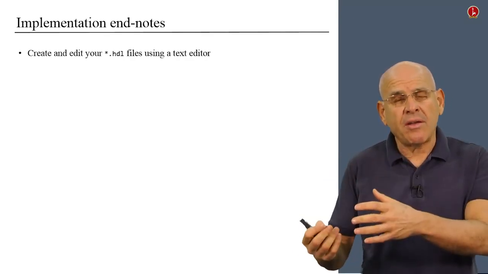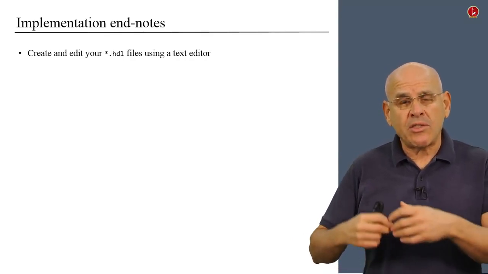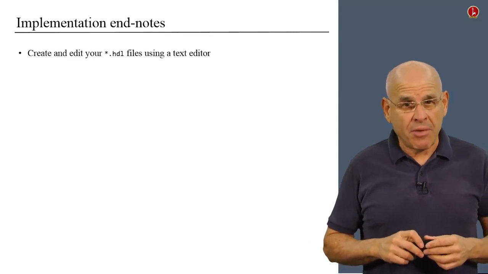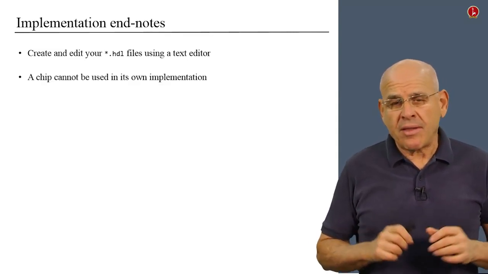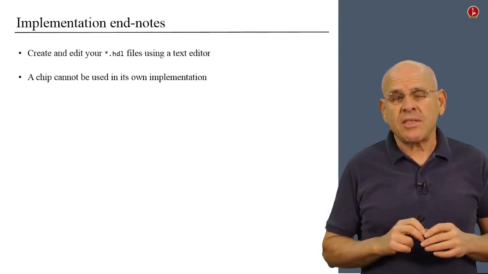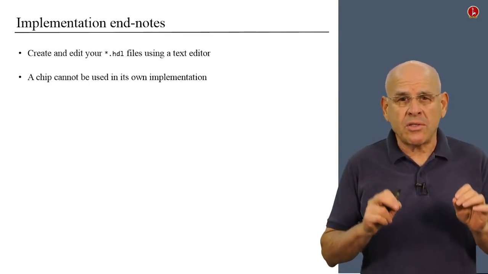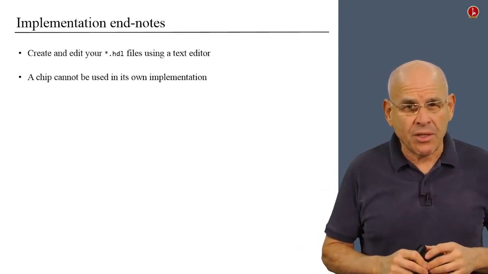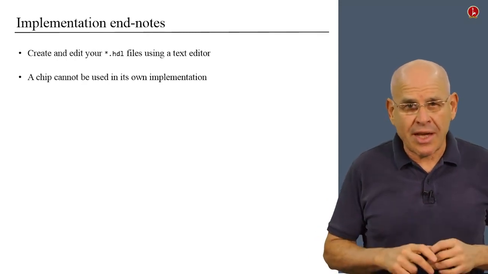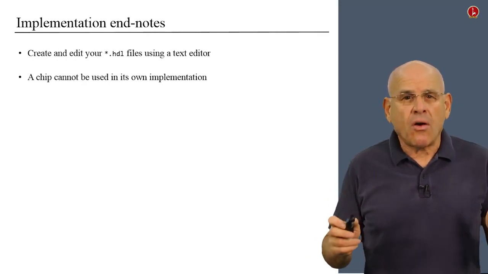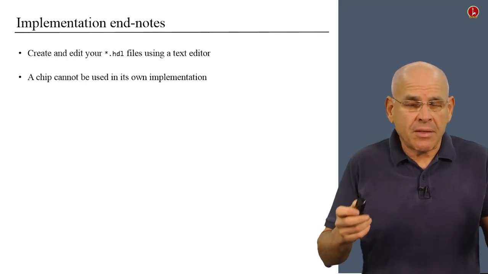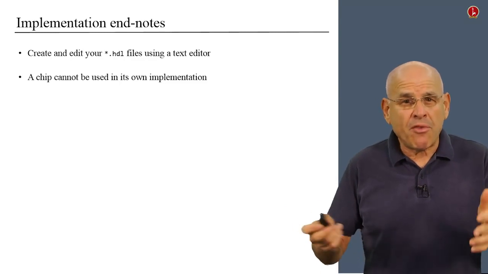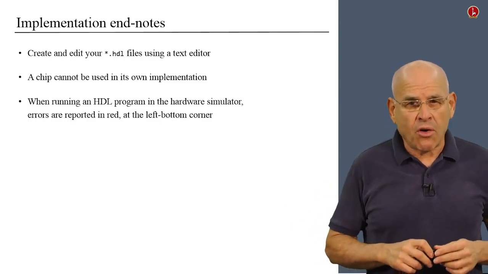Once again, do it in an external editor, and once you save your HDL file, you can load it into our simulator. The next point that confused some students is that you cannot use a chip as a chip part in its own implementation. There's no recursion in HDL. All the chips that you use when implementing a new chip have to be other chips that you've implemented before, or built-in chips which are always available as well.